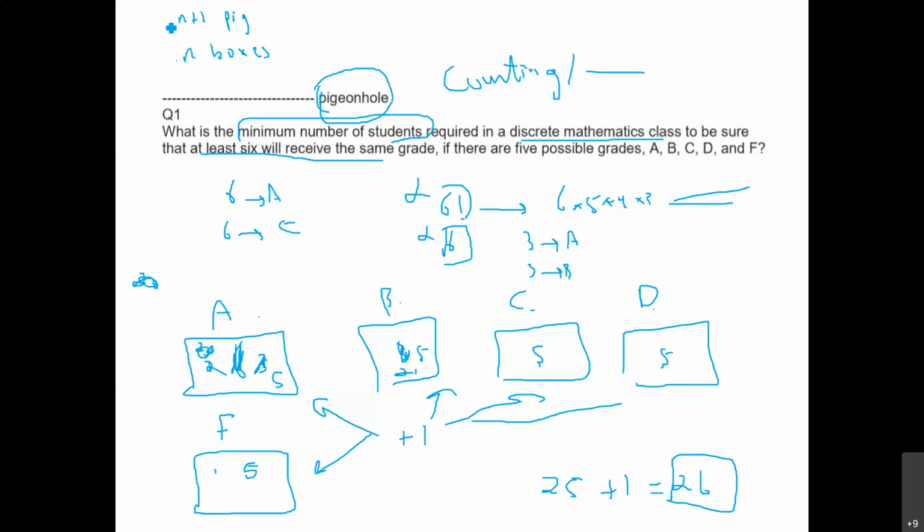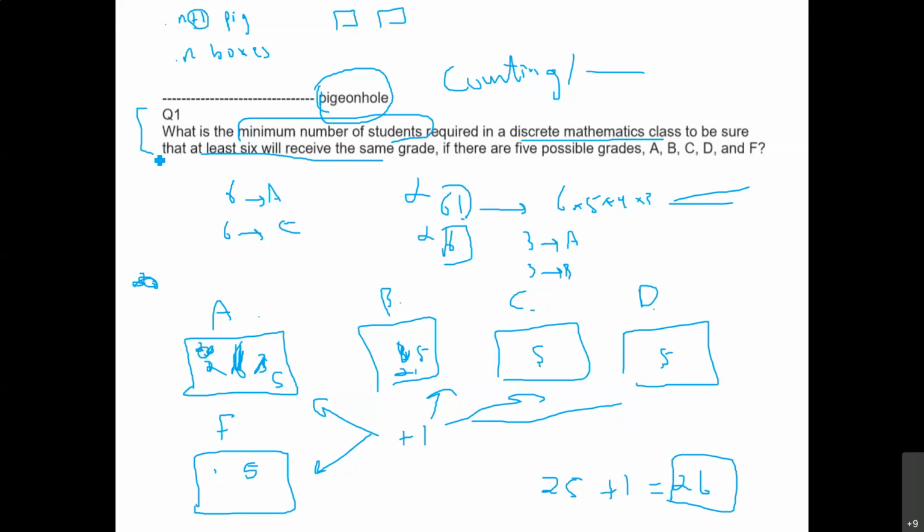N boxes and n+1 pigeons. So if you distribute your pigeons 1, 1, 1 on each box, eventually you're going to run out of boxes and you're going to have at least one box having 2 pigeons. You might have more. You might have a scenario where you put all your pigeons in just one box. But the principle says at least one box is going to have 2 pigeons.